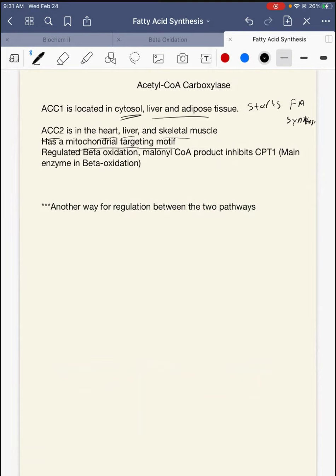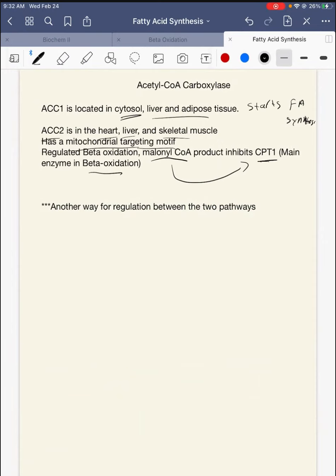When we talk about beta oxidation, we have this enzyme called CPT1, which is the rate limiting step in beta oxidation, the opposite of fatty acid synthesis. So what happens is this ACC in the outer mitochondrial membrane makes malonyl-CoA, the product of ACC2, and malonyl-CoA can inhibit CPT1. So this is another way to regulate between beta oxidation and fatty acid synthesis.